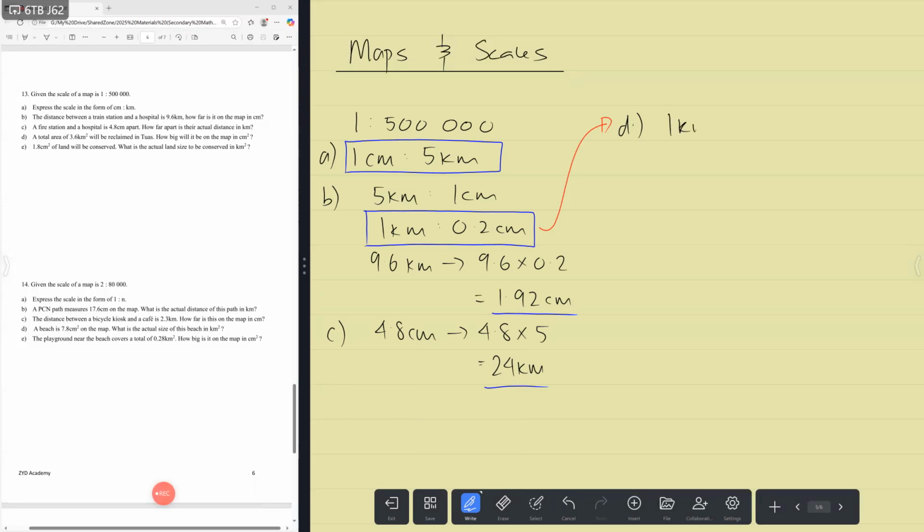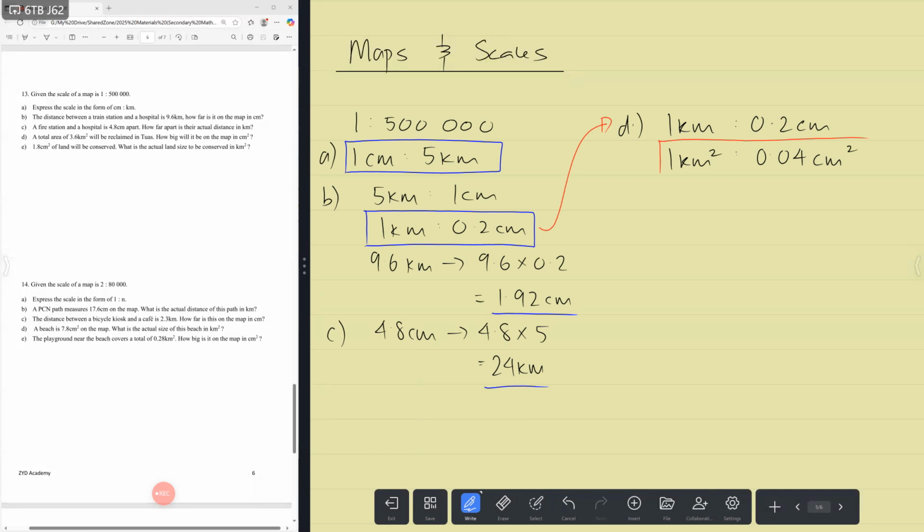So 1 km is 0.2 cm. So 1 square kilometer simply means 0.2 times 0.2, which is just 0.04 square centimeters.